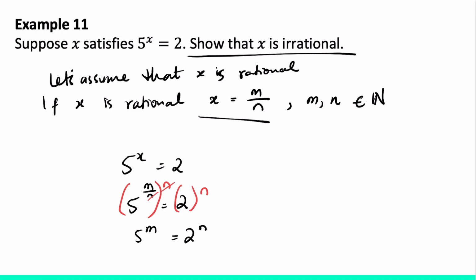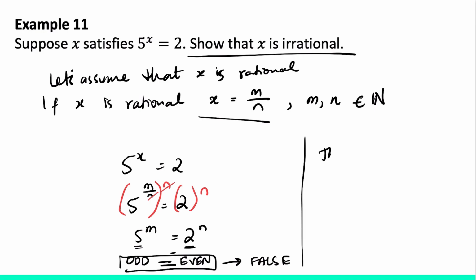Now we know, as we said beforehand, that any odd number to a power will always give me an odd, and any even number to a power will always give me an even. So what I end up with here is an odd number is equal to an even number, which is false. It's a contradiction. It won't work because it just doesn't make any sense. So because that breaks down, therefore x must be irrational.